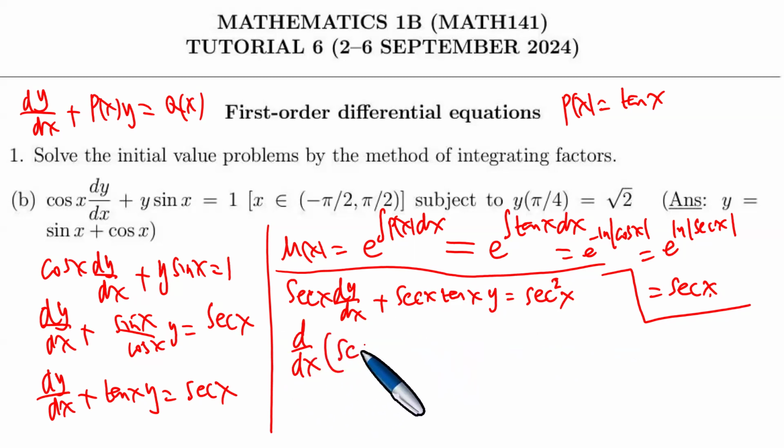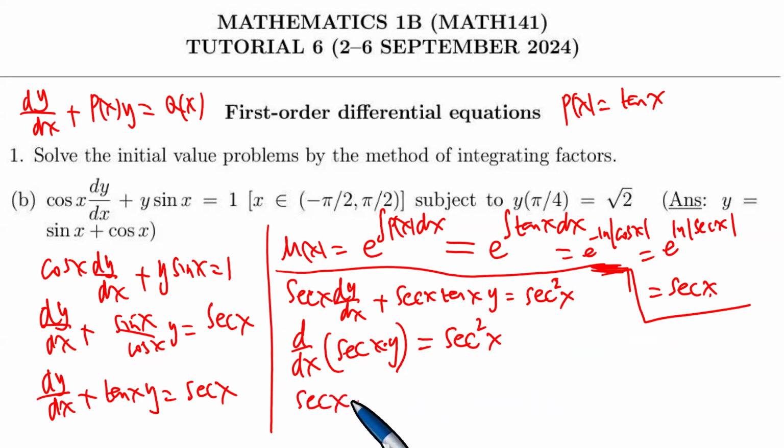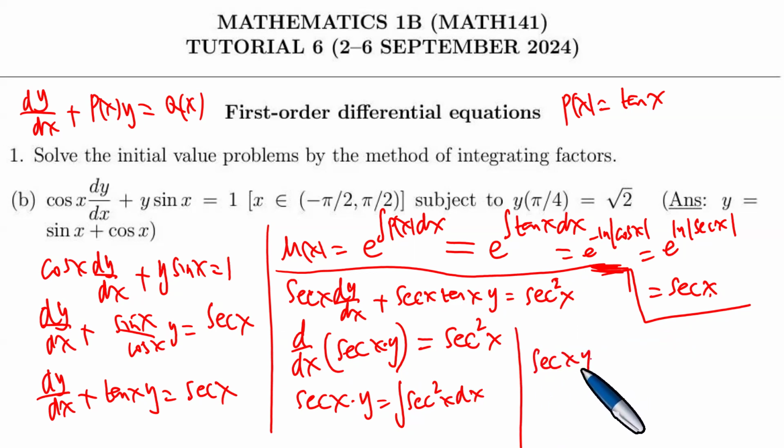So d/dx of the secant x times y equals the integral of this, which is the tangent of x, plus C. So that is the answer we're getting.